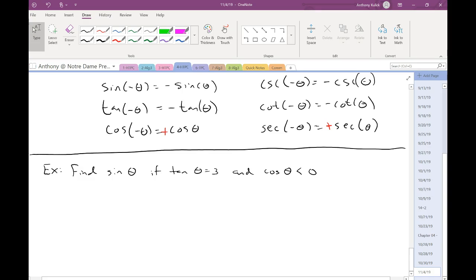However, if I do want an exact answer out of this, I can get one, but I have to use some of these identities to do that. So the first thing that I'm going to do is use the fact that tangent is equal to 3 to figure out a value for cosine.